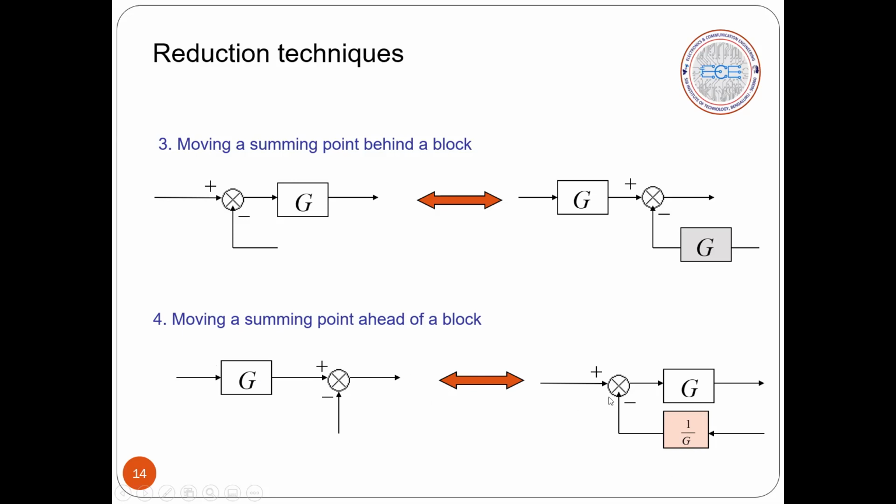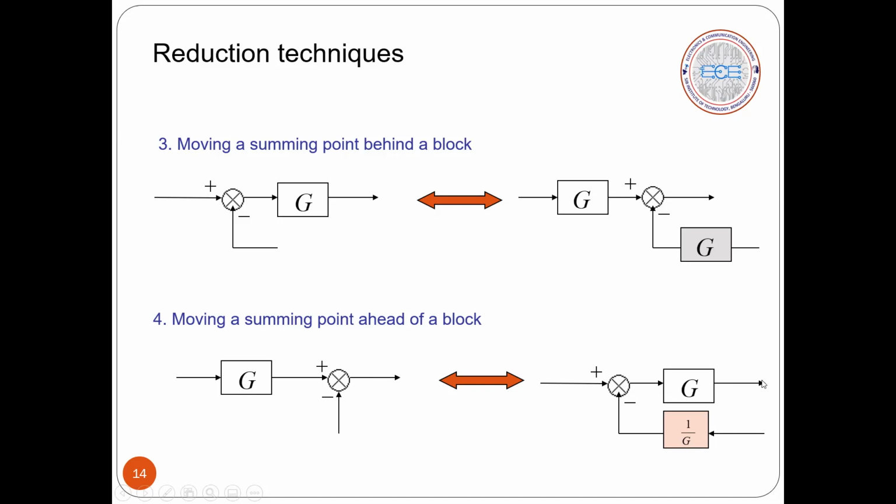So G is entering the summer, correct? The output of the summer is G. Now the summer has come here. Now the output of the summer is passing through G and coming out here, correct?